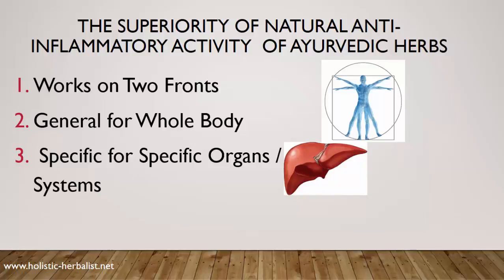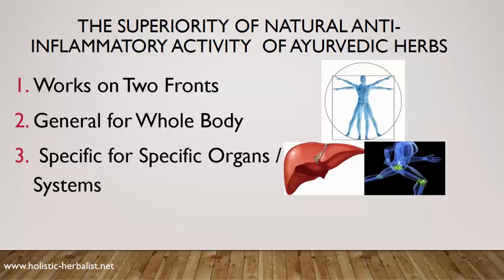Consider liver. If there is inflammation in the liver, then if you take Ayurvedic herbs that are very specific for improving liver health, they are very good at reducing the symptoms of inflammation, and they also strengthen the healthy functioning of the liver.